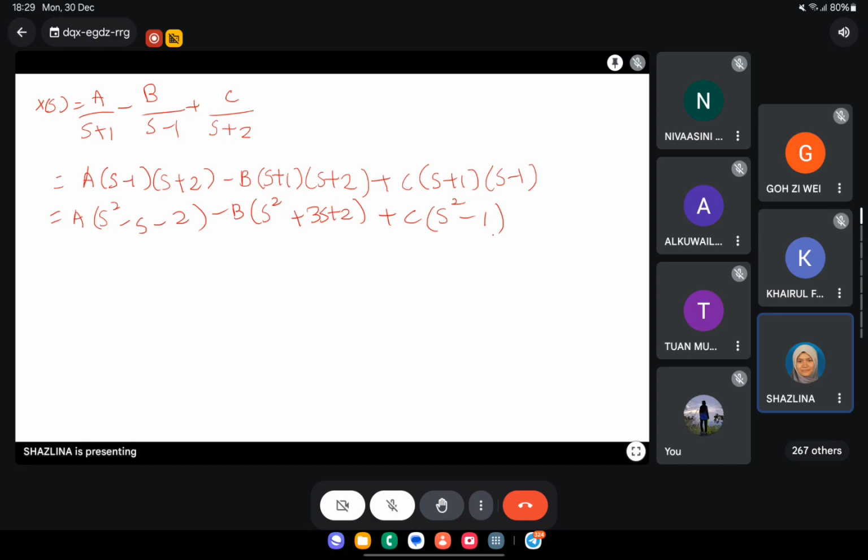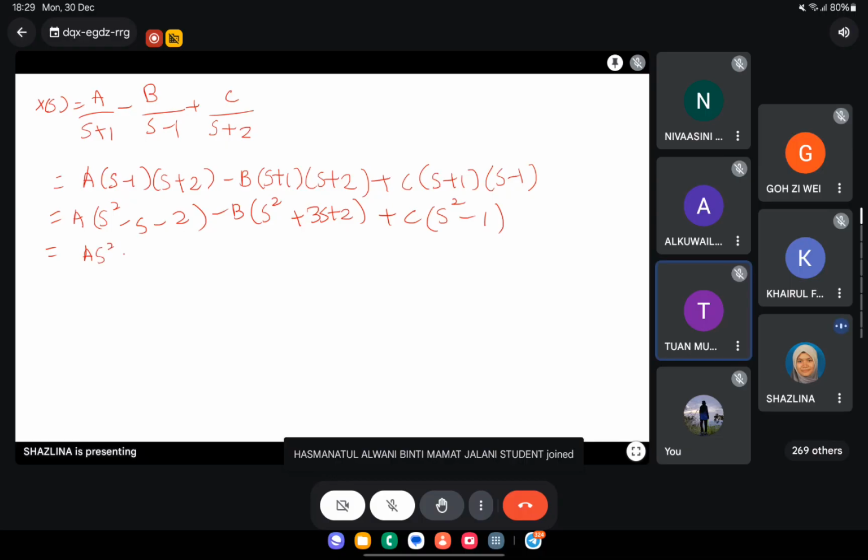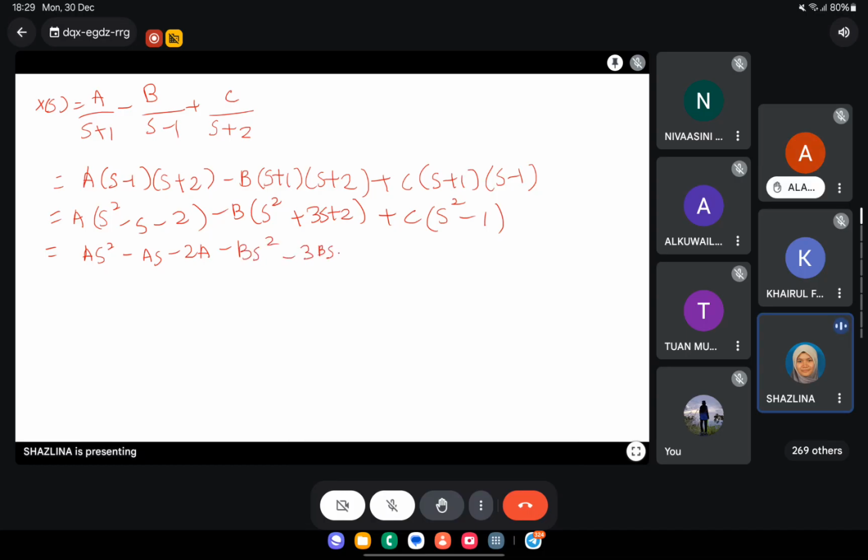Is that right? Is this right? As squared minus As minus 2A minus Bs squared minus 3Bs minus 2B plus Cs squared minus C. Something wrong here? I think it should be s squared plus s, not minus s. The first one, this one is s squared plus s.